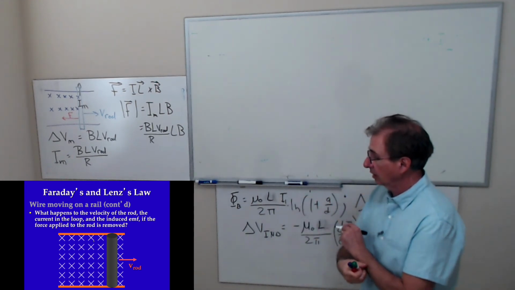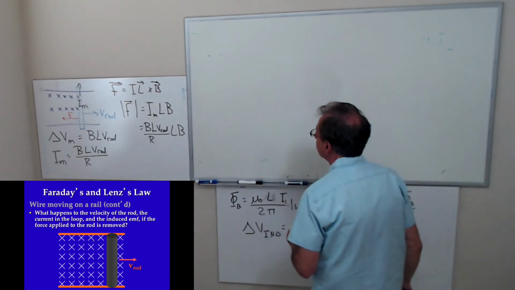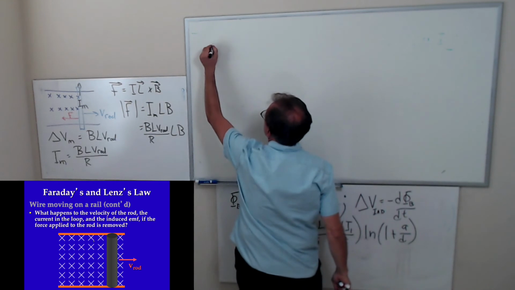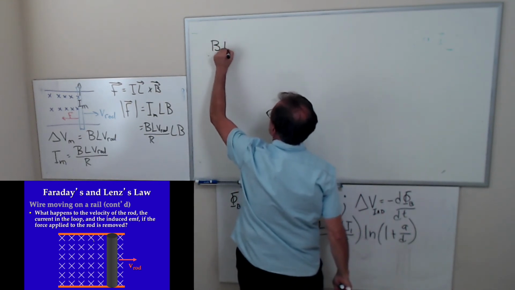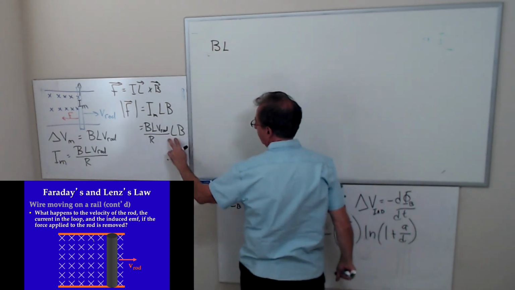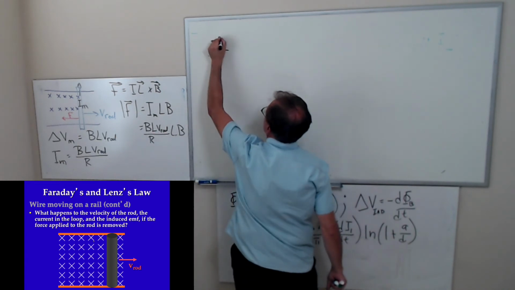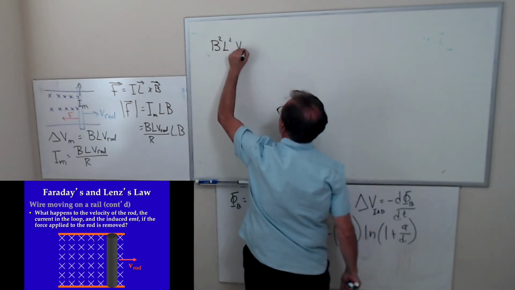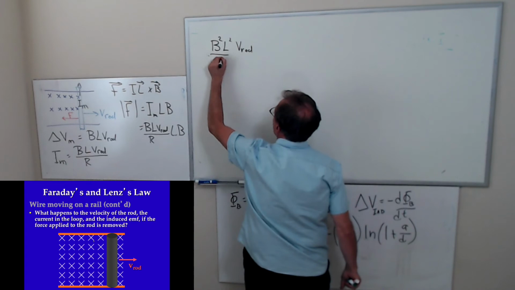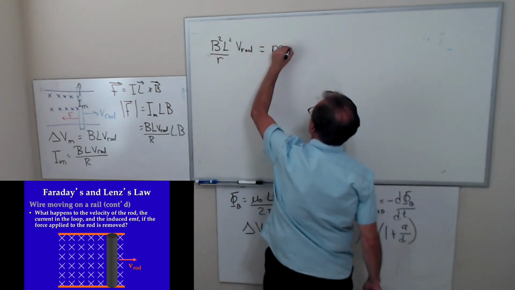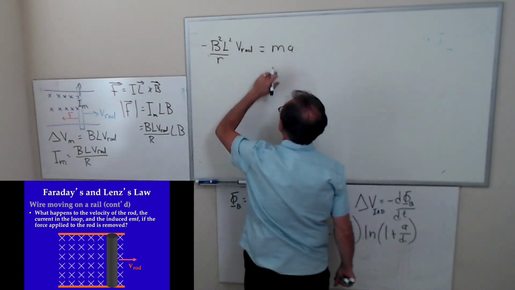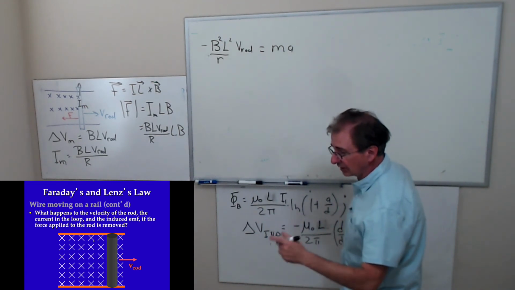Okay, so we have a force of B times L times I. In fact, if I combine these, I get B squared L squared V rod over R, set equal to MA. This is opposite the direction of motion, but A is dV dt.